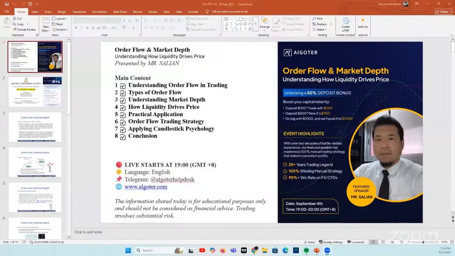All right. So, we are going to discuss order flow and market depth. Maybe you've heard this terminology, order flow, market depth. Can anyone tell us if you know something about this subject?